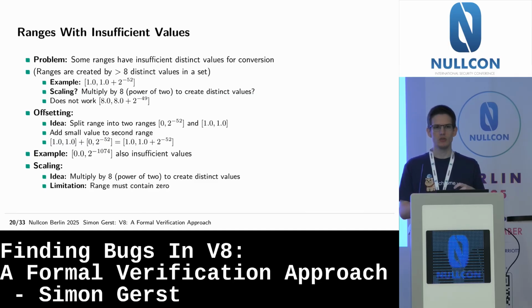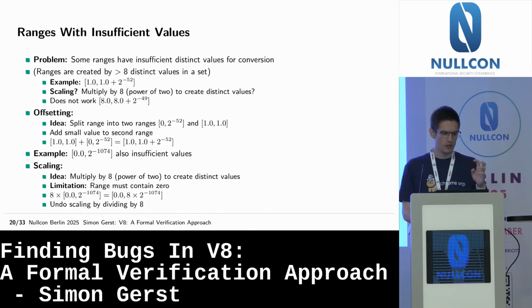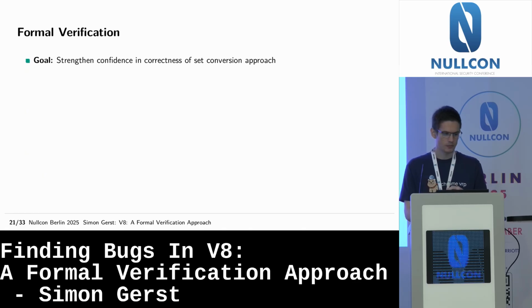And this allows us to get a range, and afterwards we can just undo the scaling, which will keep it as a range, but which will allow us to create our original range.